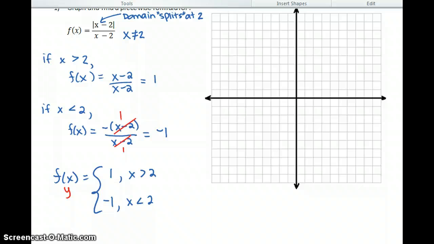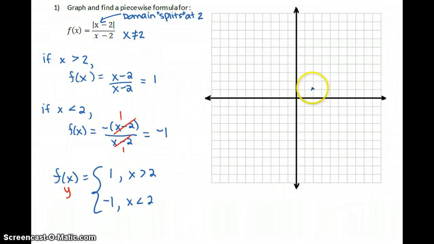So if we think about graphing the horizontal line y equals 1 whenever x is greater than 2, we want to start off at the point 2, 1, x is 2, y is 1, but we don't want to be equal to it. We want that open circle. And then we want to graph the horizontal line y equals 1 for everything where x is bigger than 2. We don't want to graph less than 2, so we don't go to the left of our open circle, we go to the right of it.